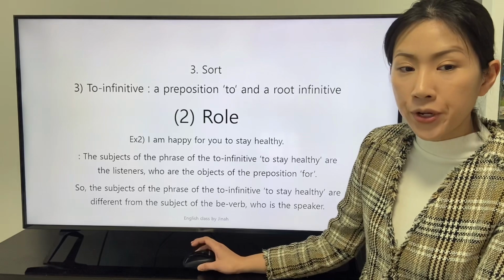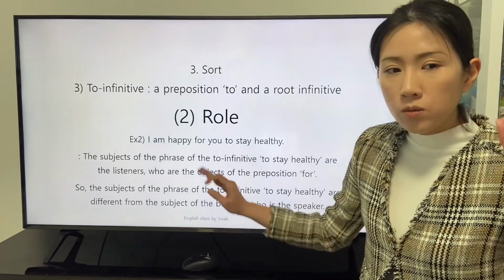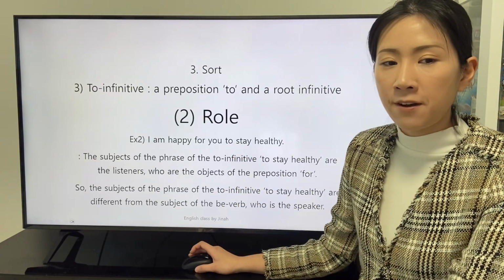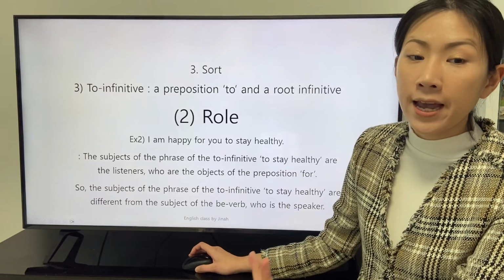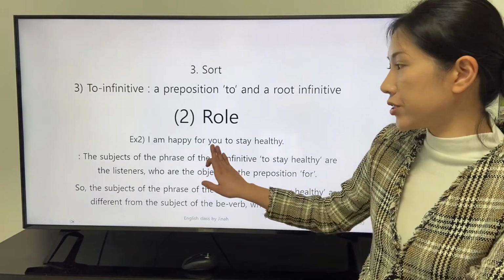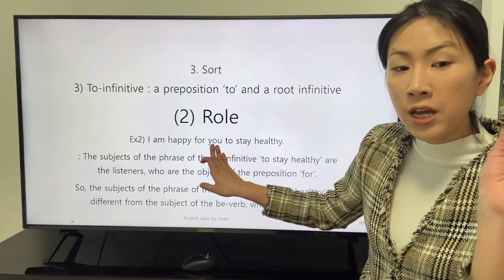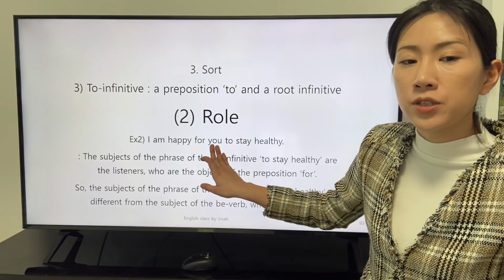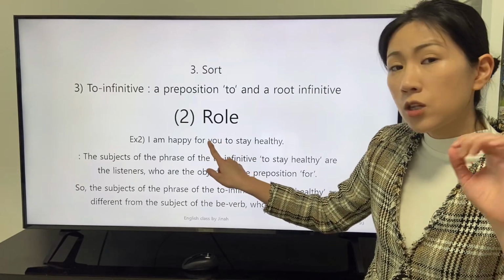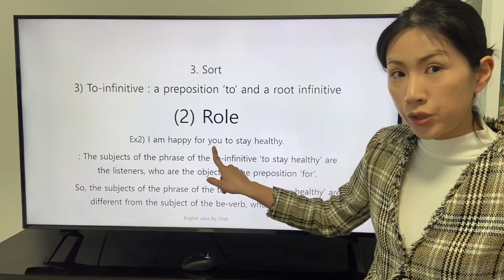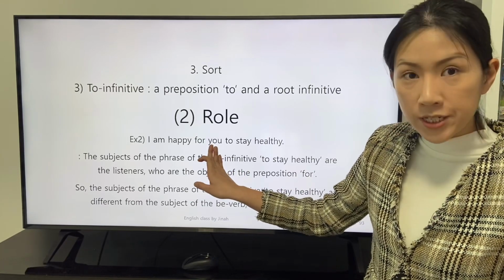I am happy for you to stay healthy. The subject of the phrase of the to-infinitive to stay healthy are the listeners, who are the object of the preposition for. The personal pronoun you indicates the listeners.